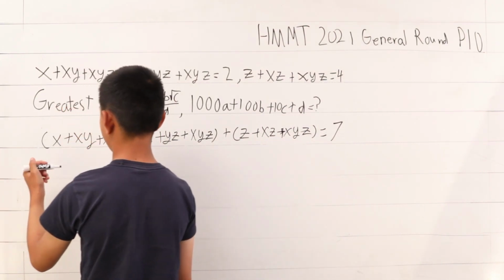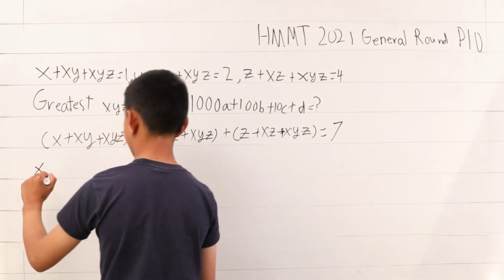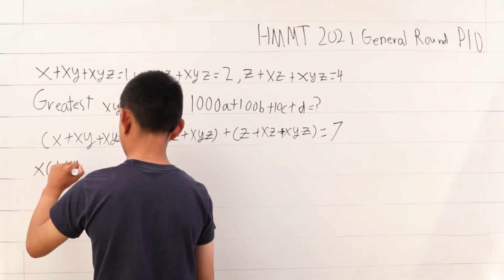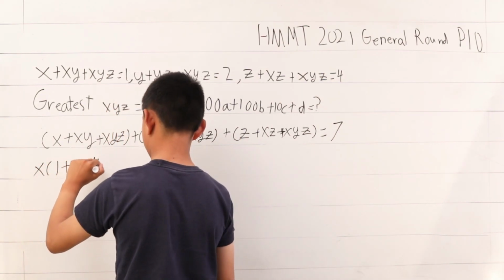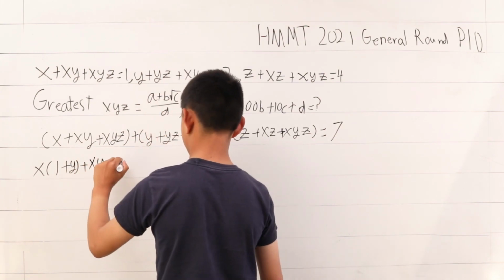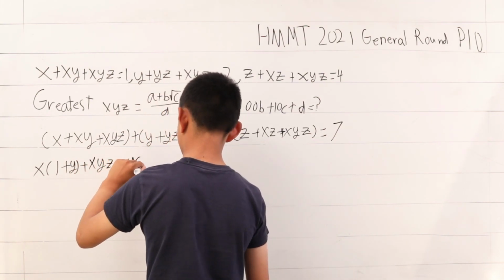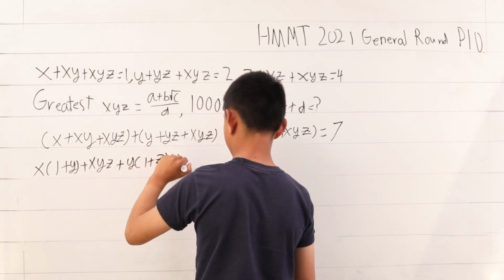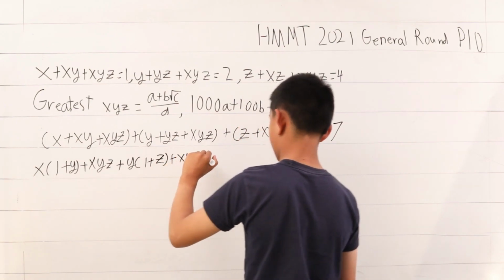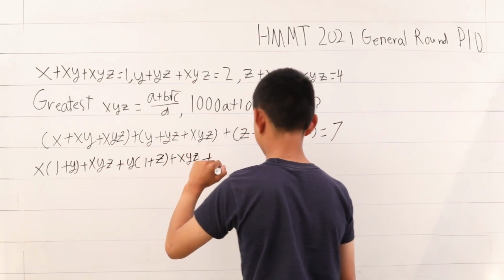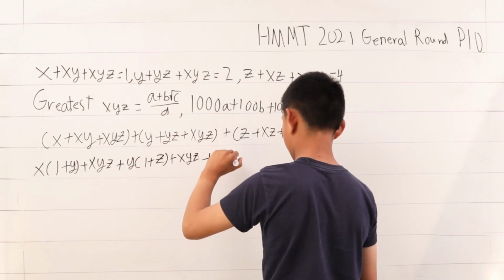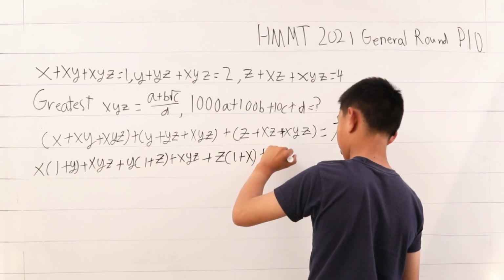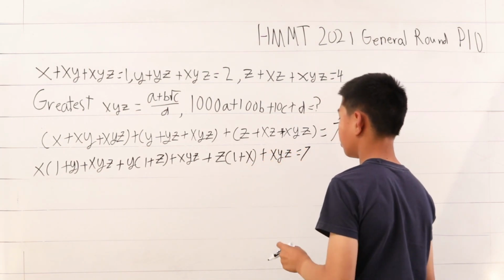For the first one, we take out the x, so it's x times 1 plus y, plus xyz. Then we do the same thing: y times 1 plus z plus xyz. And then we take out the z, and we get z times 1 plus x plus xyz, and the sum is 7.